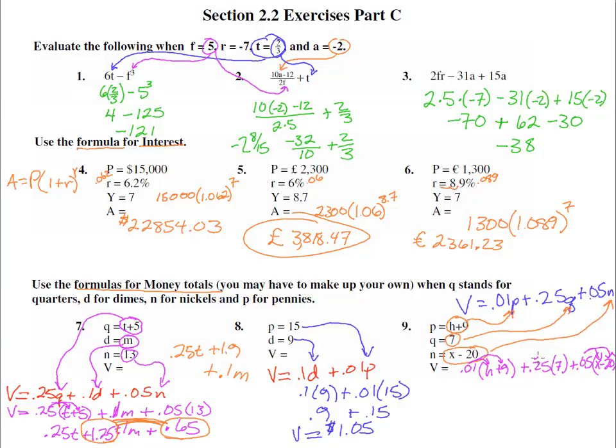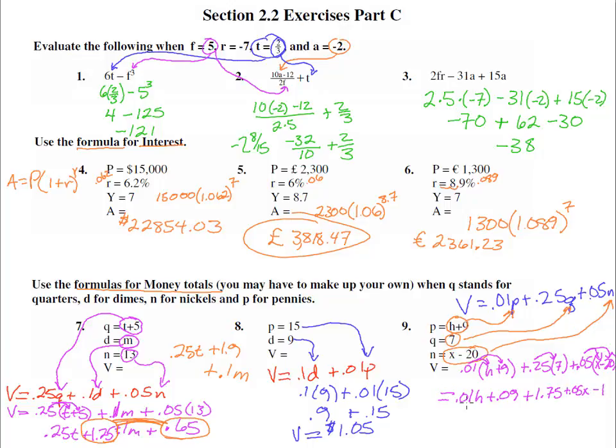This one in the middle is not distributing, that's just multiplication. So it now equals 0.01h plus 0.09 plus 0.25 times 7 is 1.75 plus 0.05x and minus 0.05 times 20 is 1.00, so minus 1.